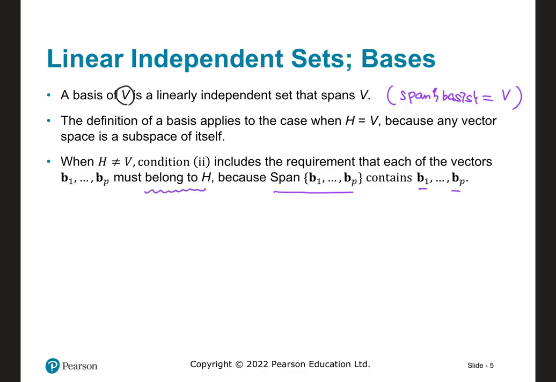If any of the vectors is not contained in H, then this collection of vectors cannot be a basis, right? So please be careful when you choose a basis. If you want to define a basis, you must choose vectors from the given vector space.